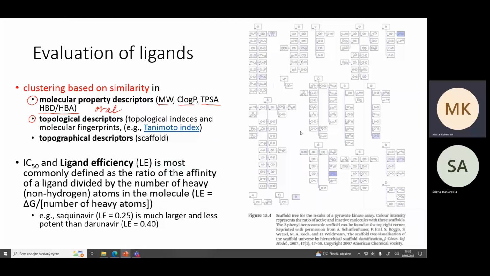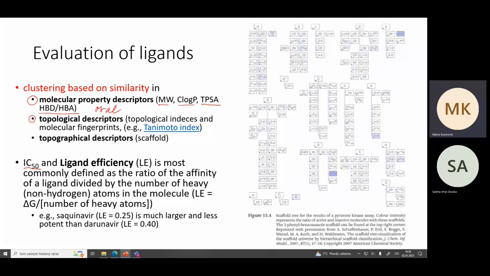So let me continue now. I would like to talk also about the IC50 value. It is the half maximal inhibitory concentration of the compound, and we can judge the activity of specific compounds that inhibit specific targets. So the lower the IC50, the more active the compound.